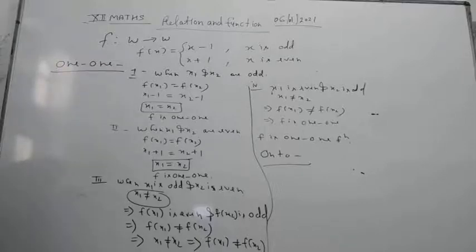Okay, and for every odd number y of codomain, there exists an even number y minus 1 in domain.